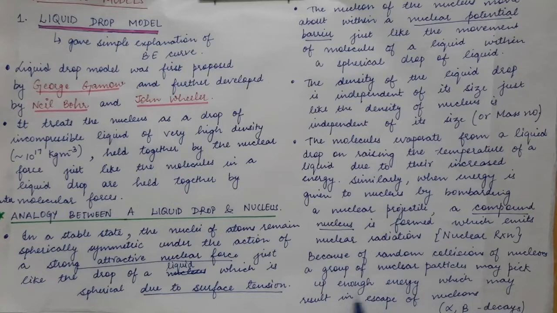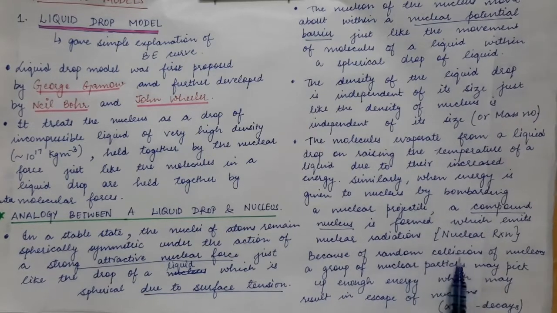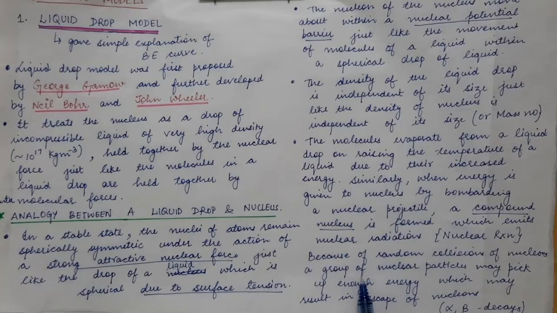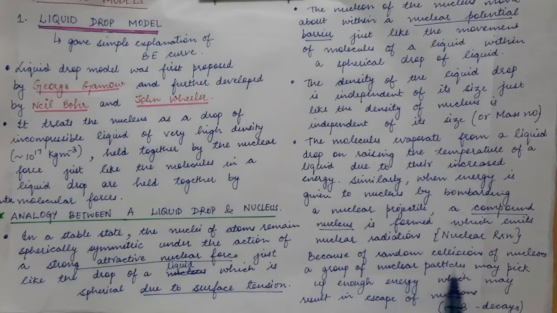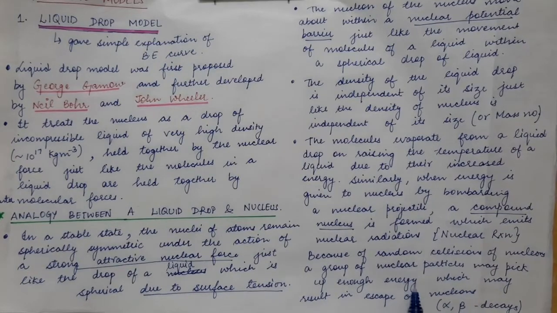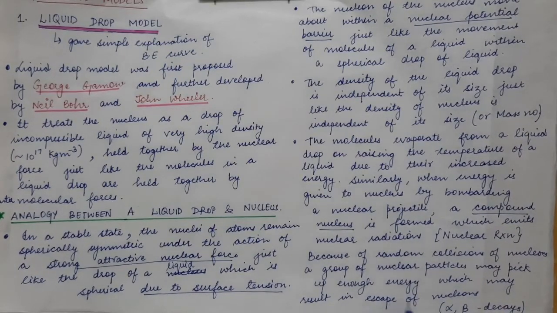The nucleons inside the nucleus are randomly colliding with each other, so after a particular time, nuclear particles may pick up enough energy, which may result in the escape of the nucleons from the nucleus. This is the theory behind radioactive decay given by the liquid drop model.